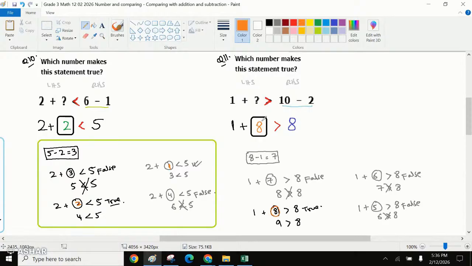We can say 1 plus 8 is greater than 8. Or we can say 1 plus 9 is greater than 8. We have multiple options. That means 10 is greater than 8. This is also true, right? So any number that is greater than 7 will make this statement true.